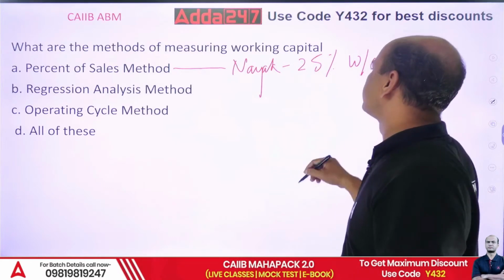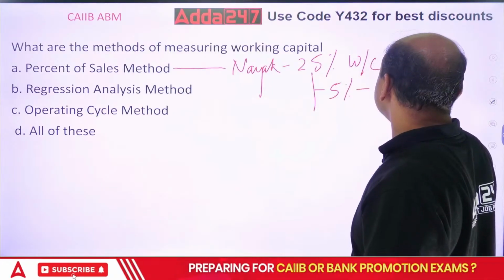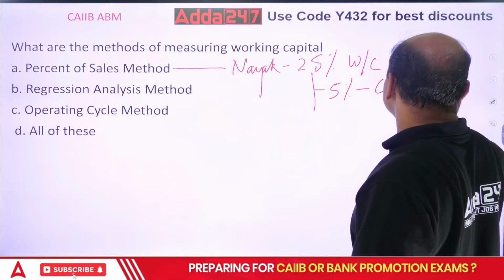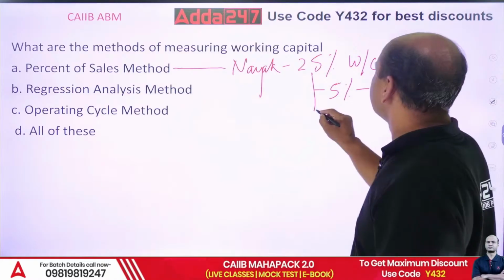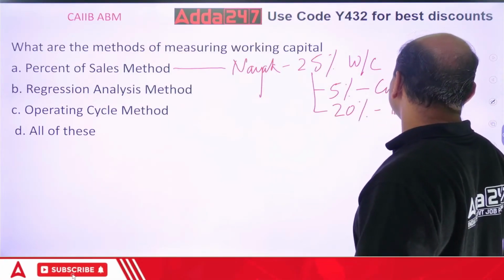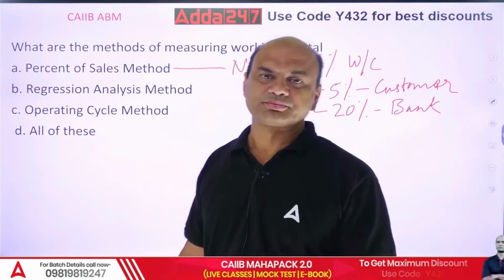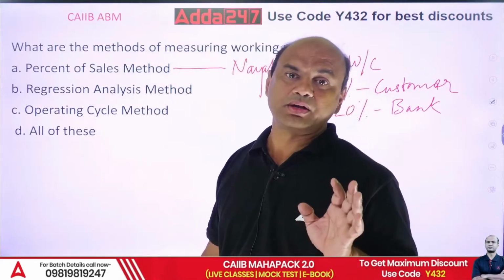Out of this 25%, 5% is by customer margin and 20% by bank. Remember, the NAIC committee is asked in exams. It is a very important committee for MSMEs.